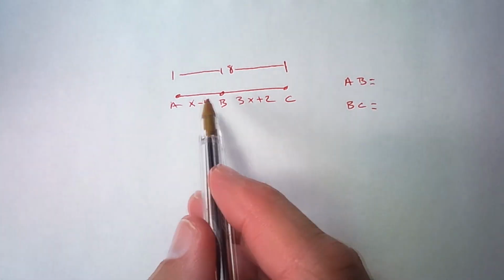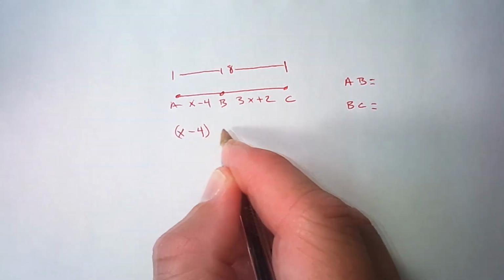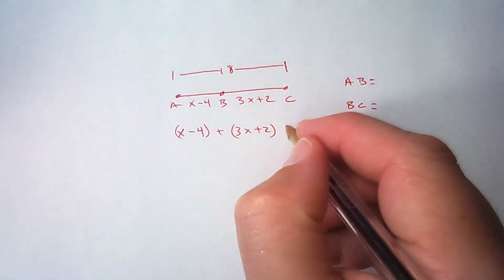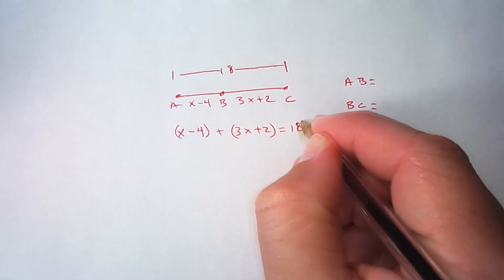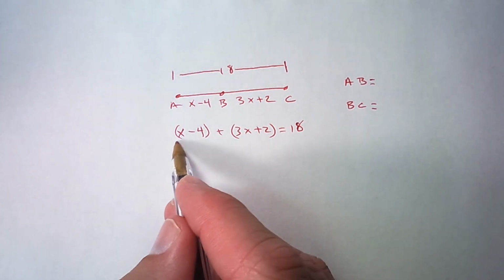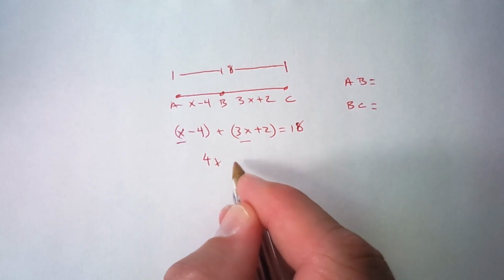I know that if I add these two segments together, x minus 4 plus 3x plus 2, their total will equal 18. That is the segment addition postulate. So if I combine like terms, x and 3x is 4x.